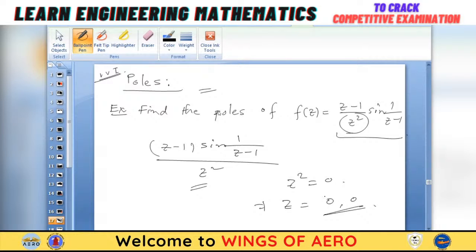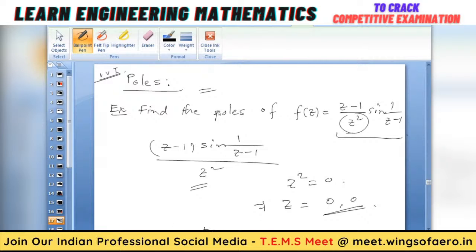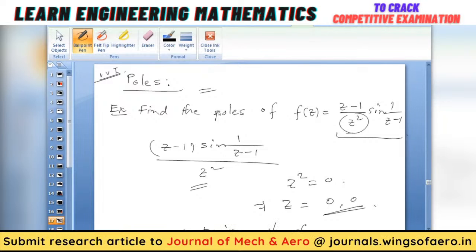Okay, 0, comma 0. This is called a pole of order 2. So z equal to 0 is a pole of order 2.